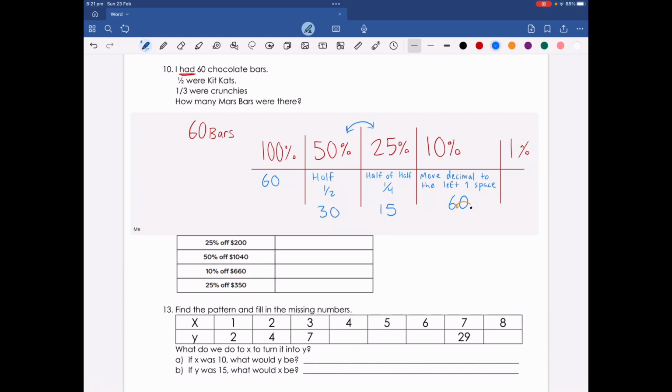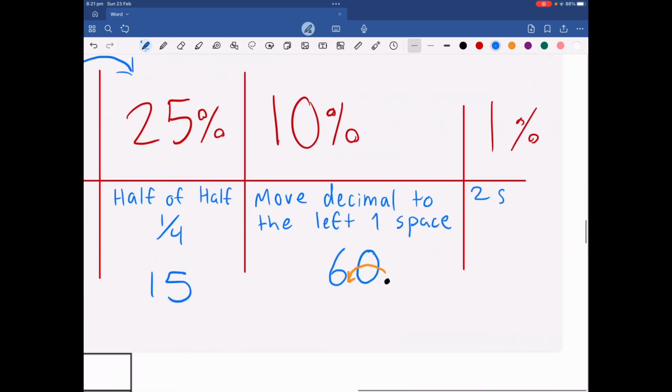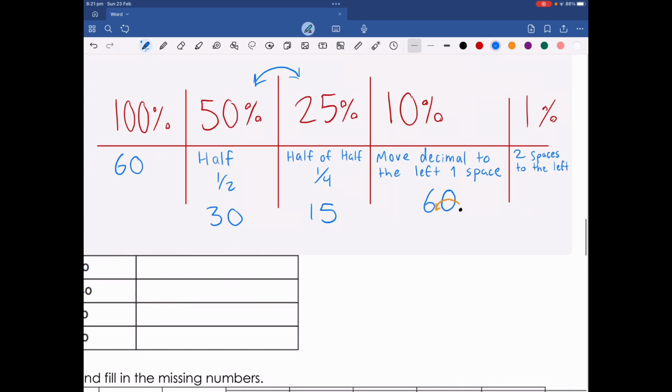Alright, and 1% is move the decimal 2 spaces to the left. I just didn't want to write it all out.